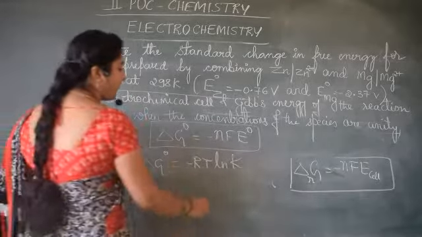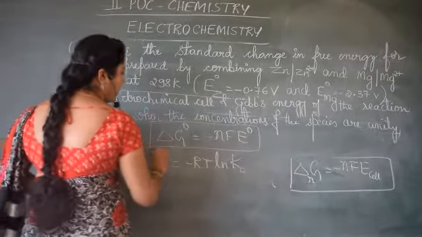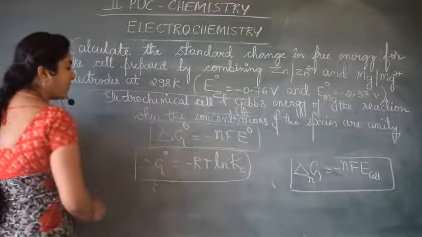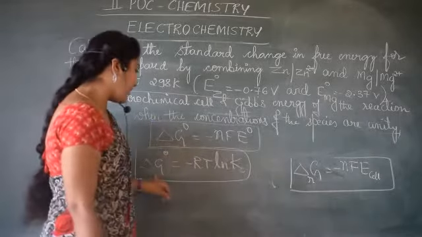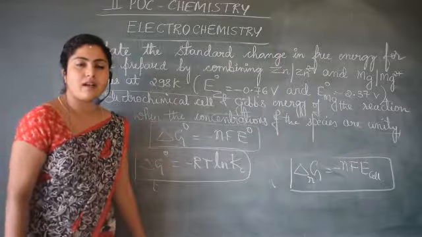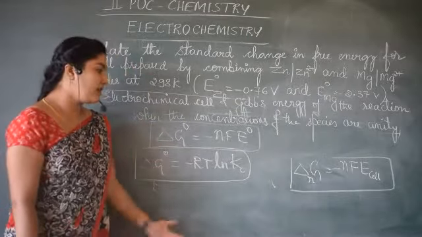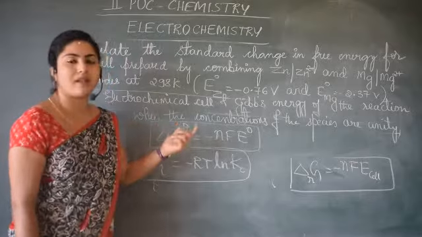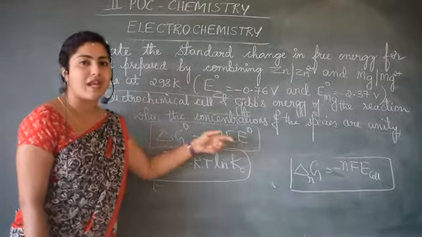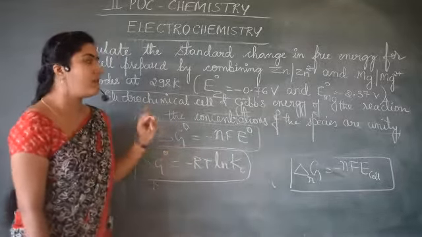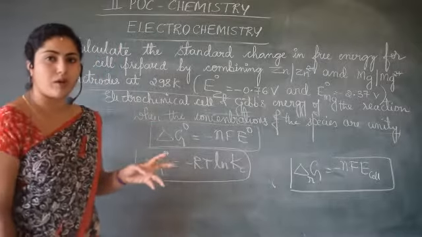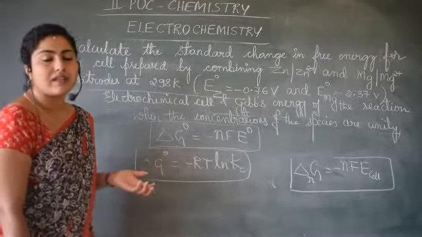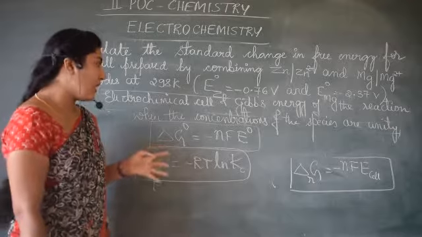You have studied this in the thermodynamics chapter, when we study the relationship between Gibbs free energy change and equilibrium constant. In this unit, the most important one is how you can relate Gibbs energy and electrode potential, because most of the numerical problems can be based on this formula.